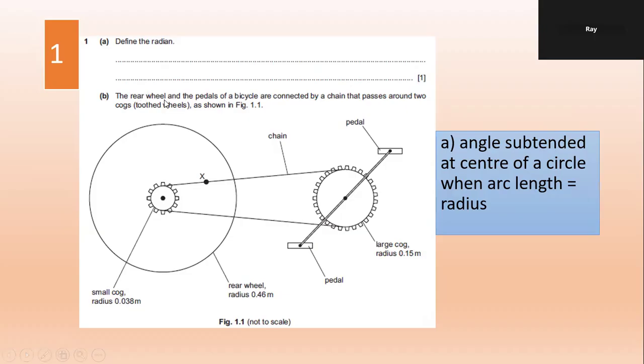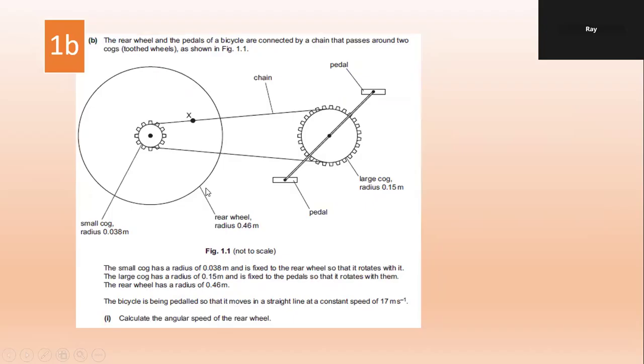The rear wheel and pedal of a bicycle are connected by a chain that passes around two clocks, two wheels, as shown in the figure. Right? Not drawn to scale. The small clock, whose radius is given, is fixed to the rear wheel.